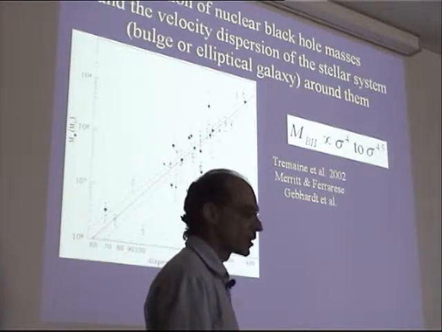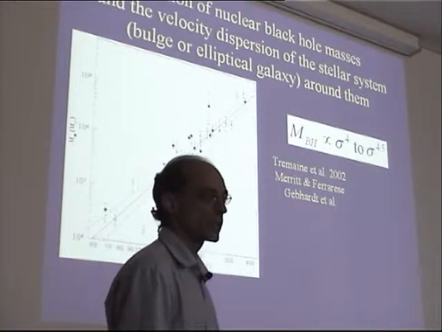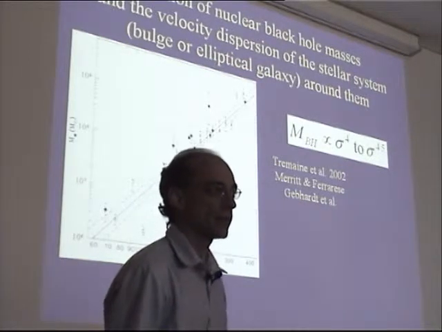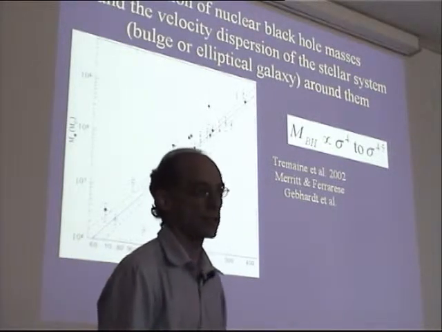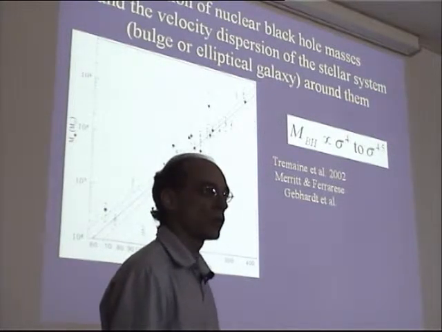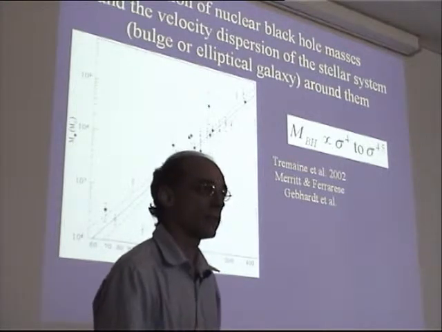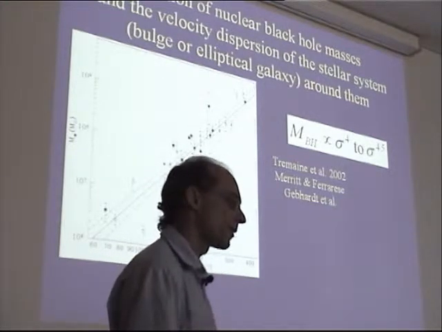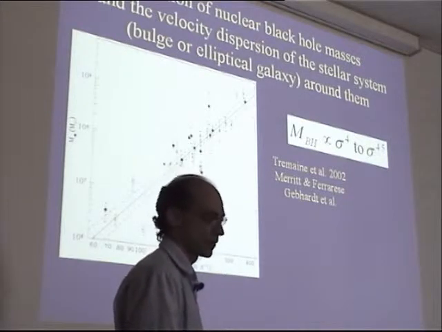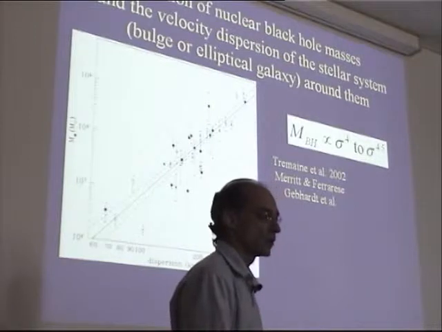At the same time, we see that nuclear black hole masses relate to the spheroidal part of the galaxy, the spheroidal stellar system. It's interesting that nuclear black holes don't seem to hold much of any relationship to the disks around them, the galactic disks, but it's to the spheroidal stellar system that they relate. So that tells us something important about how they were built up.